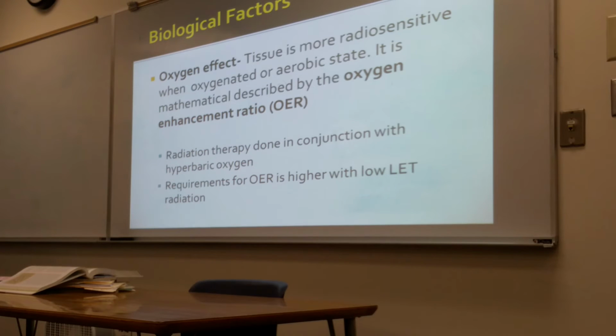Again, the RBE for just diagnostic X-ray with no oxygen is 1. But once we introduce oxygen into that area to be treated, it increases by 3 times. Does that make sense? Okay.